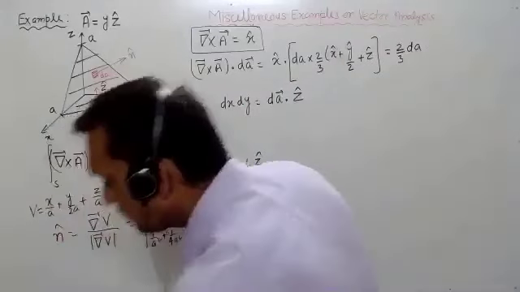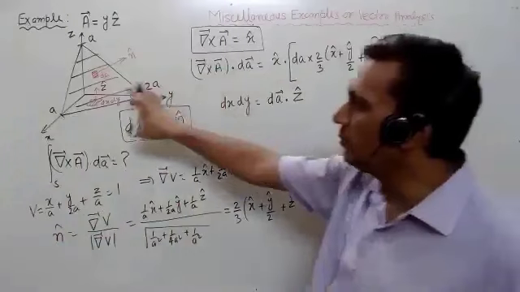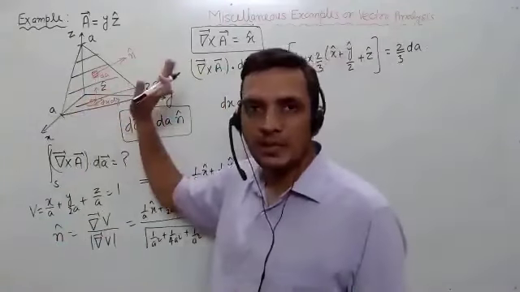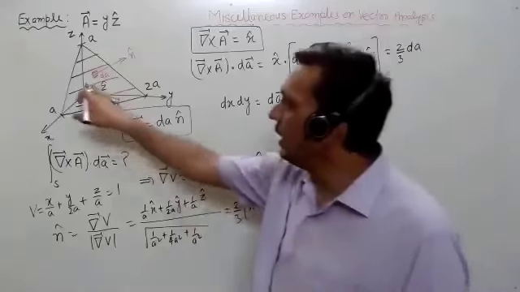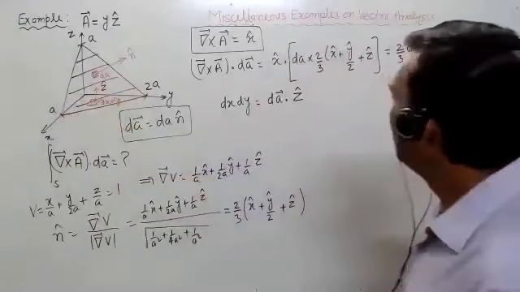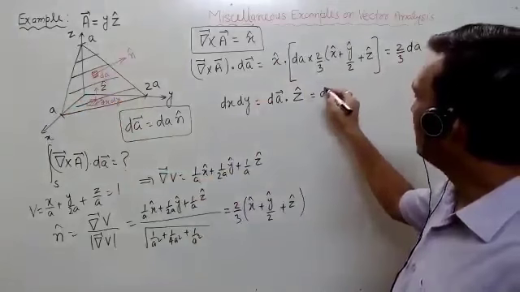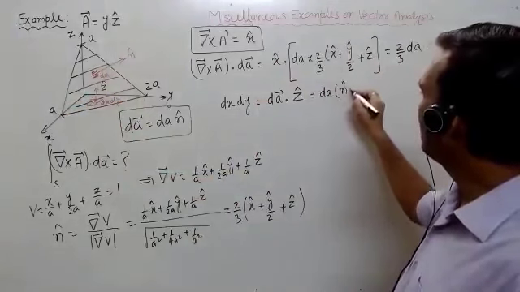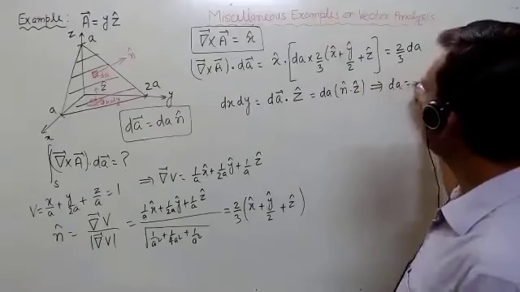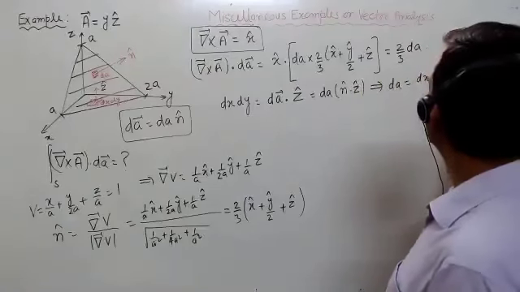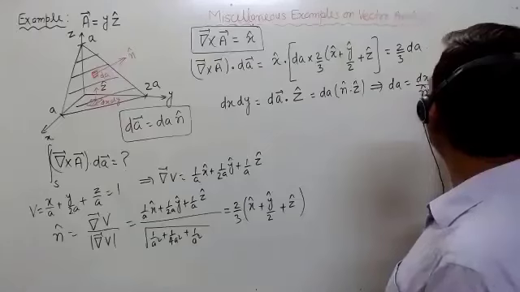Is it clear? Whenever you have a tilted plane, you have to remember this step: you have to take the projection in a different plane. So I have taken it in the xy plane. This will give you dA n cap dot z cap, and then you can write dA in terms of x and y: dA equals dx dy by n cap dot z cap.